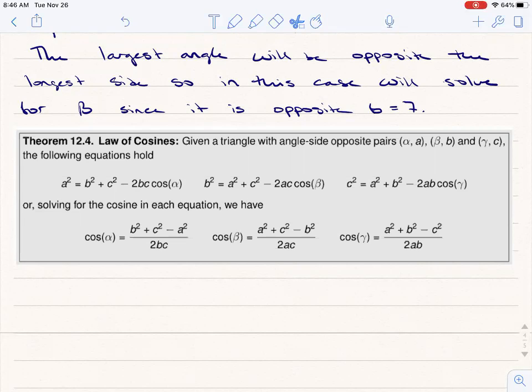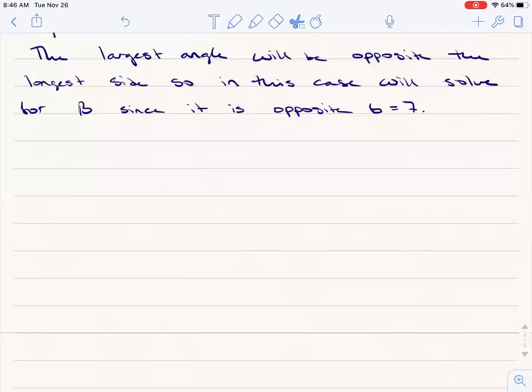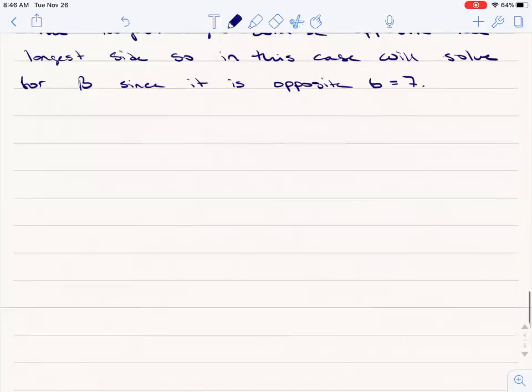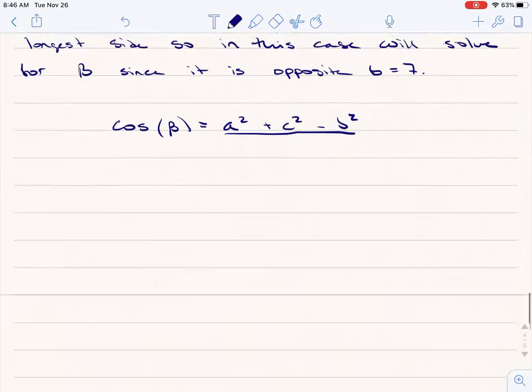All right, so we're going to use cos beta is a squared plus c squared minus b squared over 2ac. So I'm going to delete this and say, okay, well, cos beta is a squared plus c squared minus b squared. You don't want to get carried away and use addition all the way across, over 2ac.